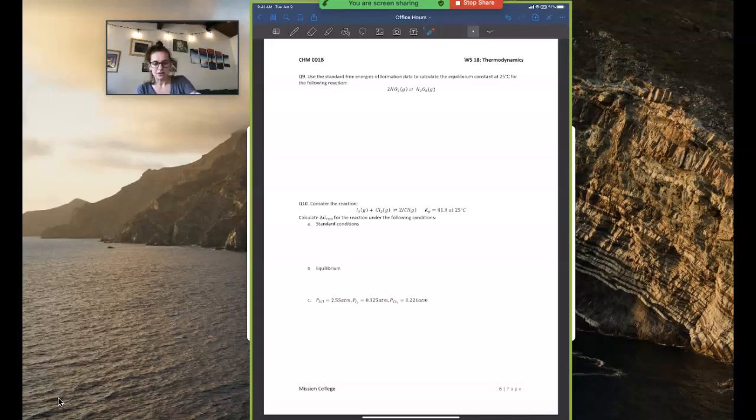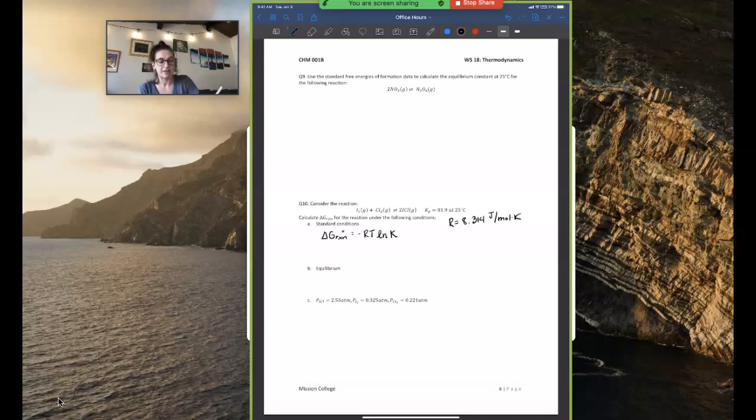All right, so when we want to calculate delta G under standard conditions using the equilibrium constant, the formula we would use, and this is on your information sheet, is delta G of the reaction is equal to negative RT natural log of K. And when you're working with these types of problems, when you need to calculate for Gibbs free energy, which is an energy unit, the R constant you will use is 8.314 joules per mole Kelvin.